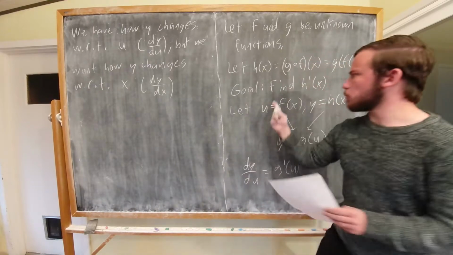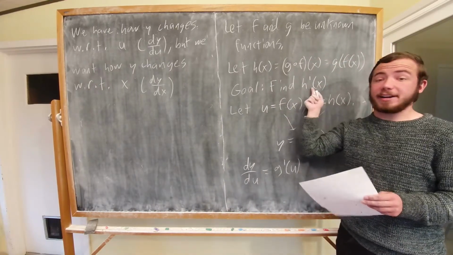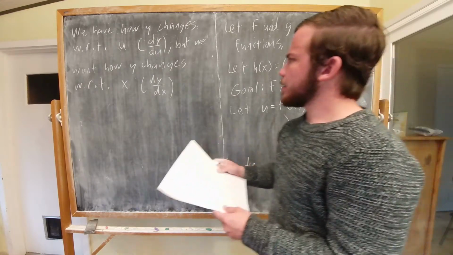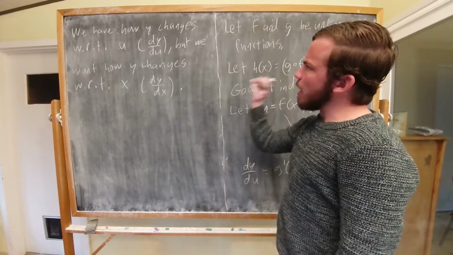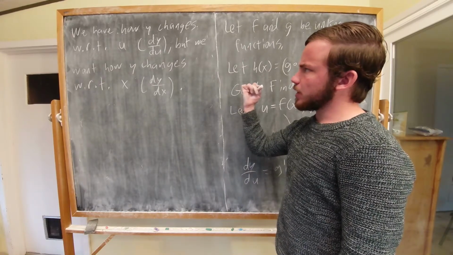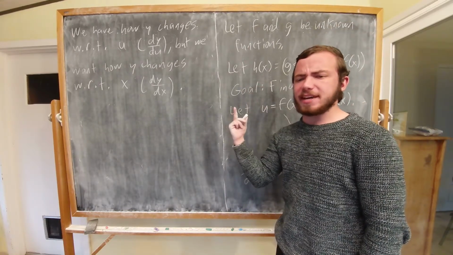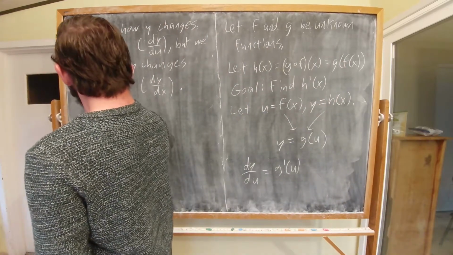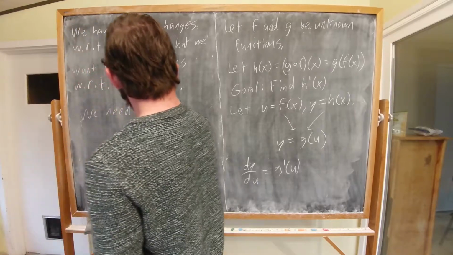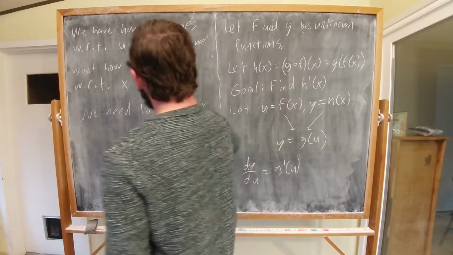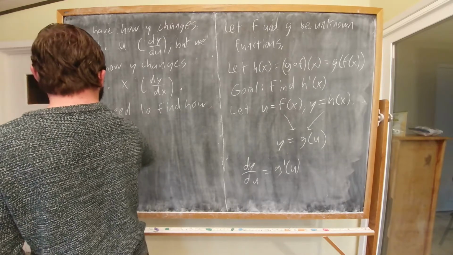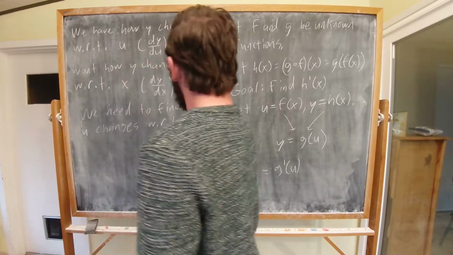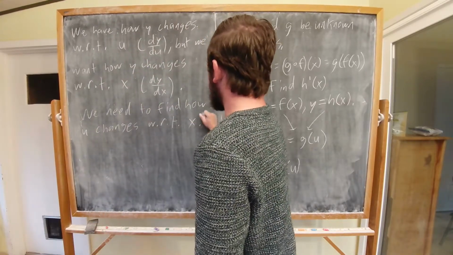But since all along we want h prime of x, not h prime of anything else. Okay. But if we know how y changes with respect to u, and we want how y changes with respect to x, we need to find how u changes with respect to x. That's all we need to do, right?